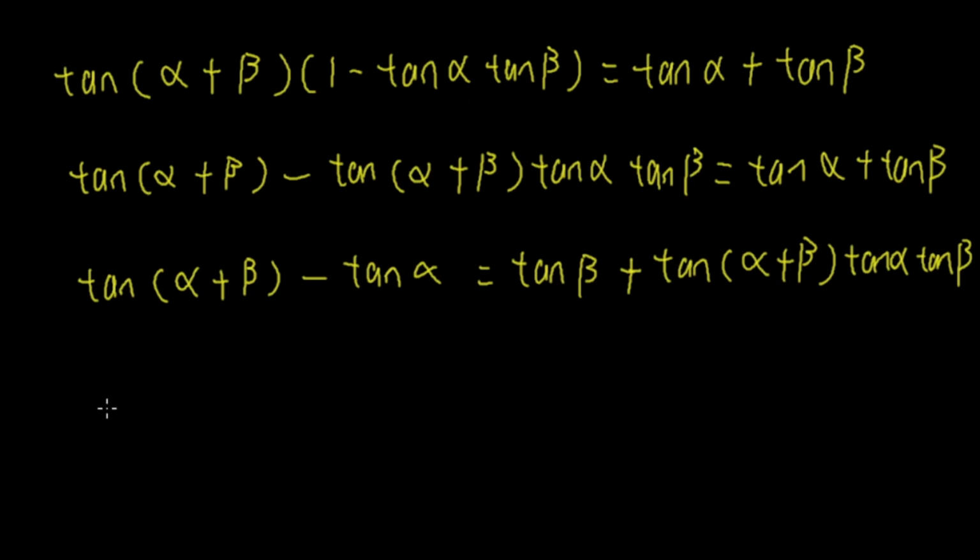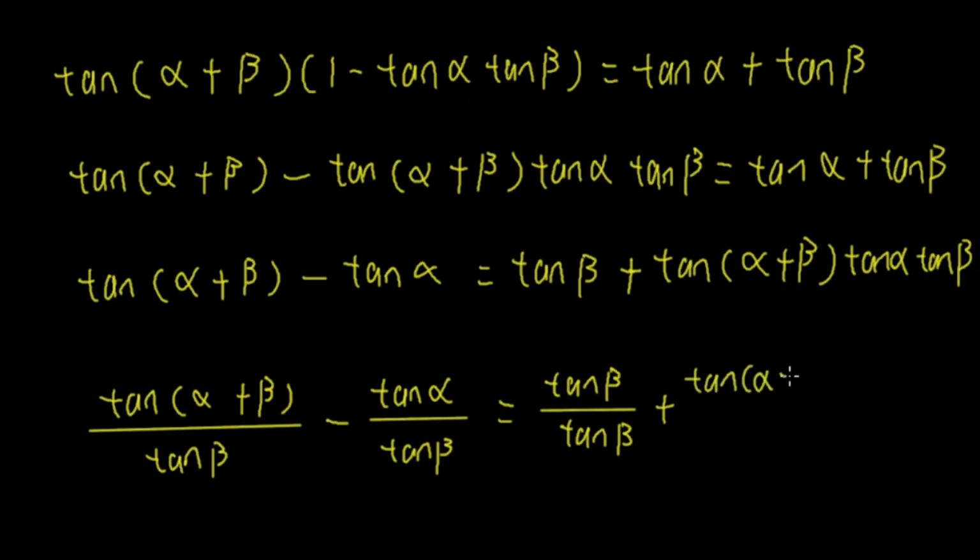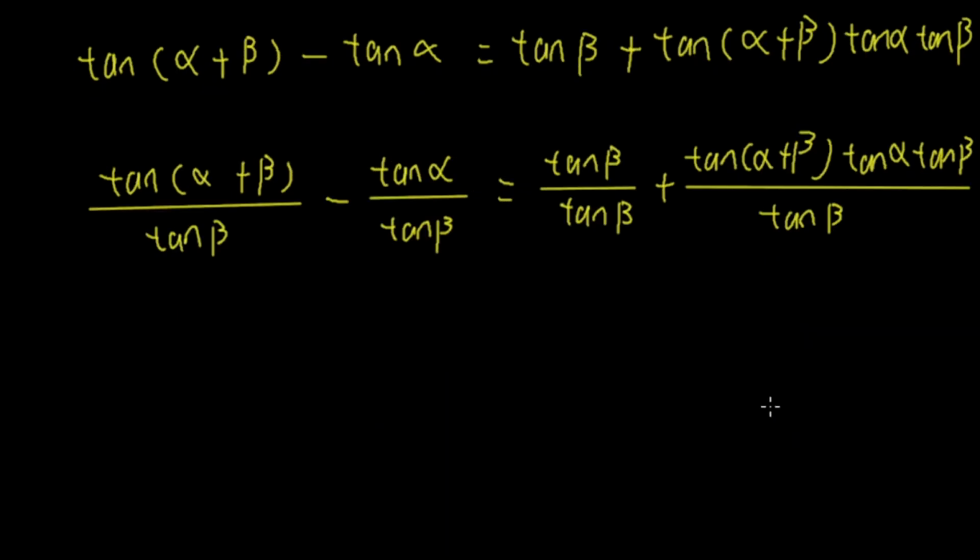So we have tan alpha plus beta, all divided by tan beta, minus tan alpha over tan beta is equal to tan beta over tan beta plus tan alpha plus beta times tan alpha tan beta, all divided by tan beta.